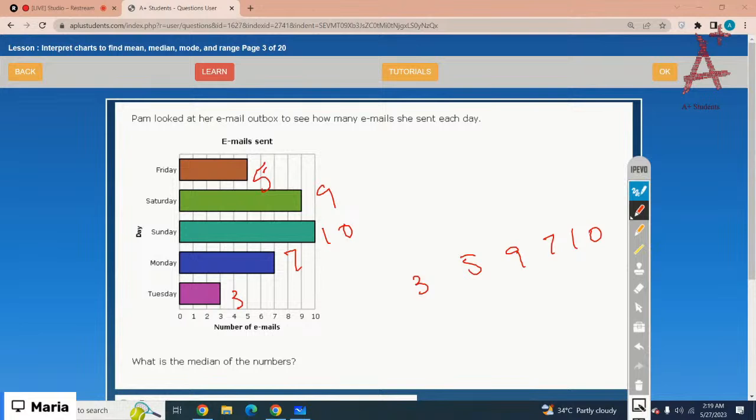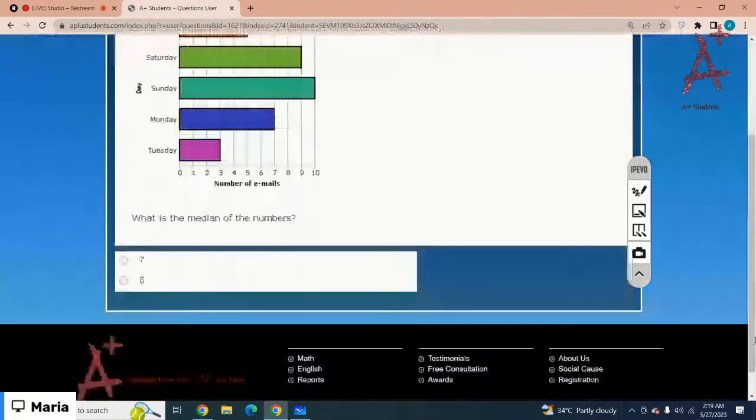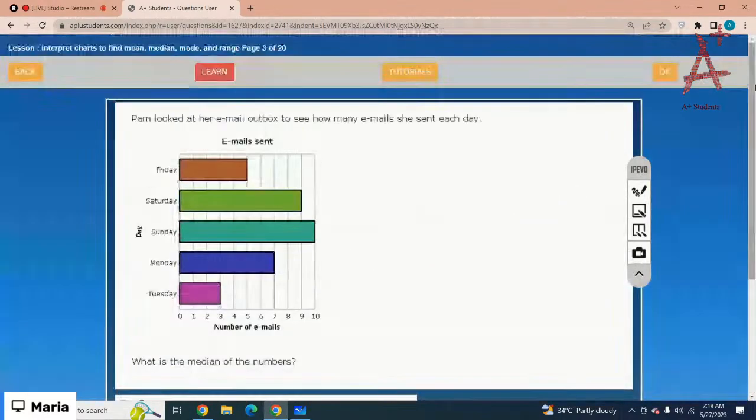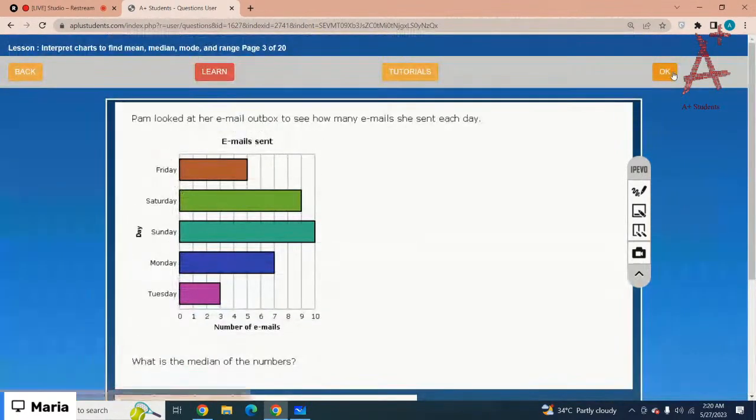Yes, that would be 9. 9 is the median of the given data. So the correct option is 9. Very good. No, that would be I think 7, not 9. I think I have arranged them wrongly. Probably it would be 7.